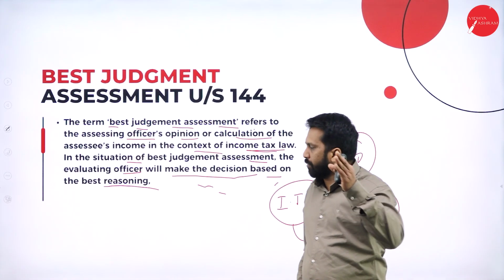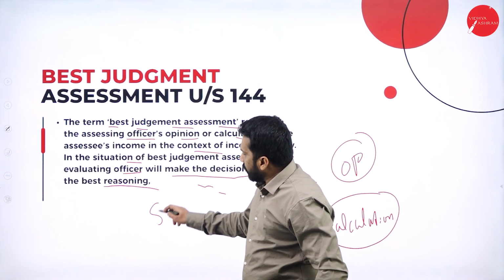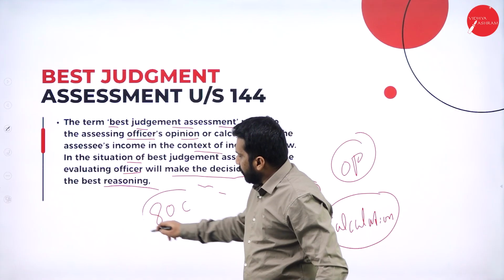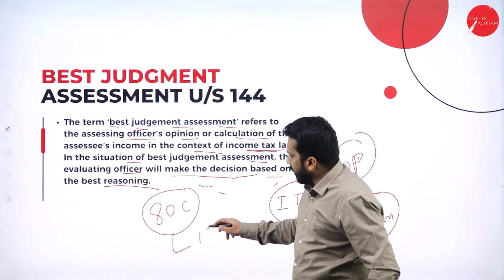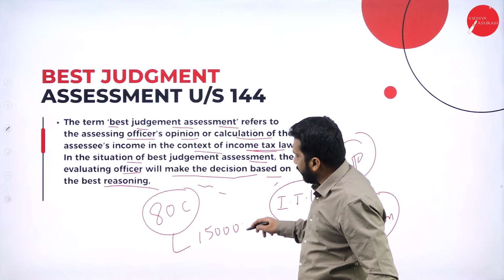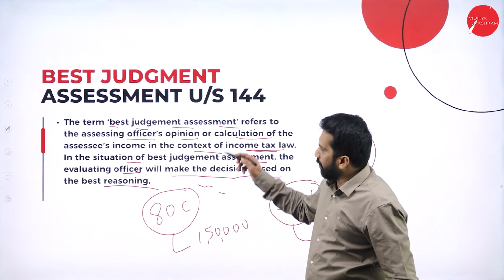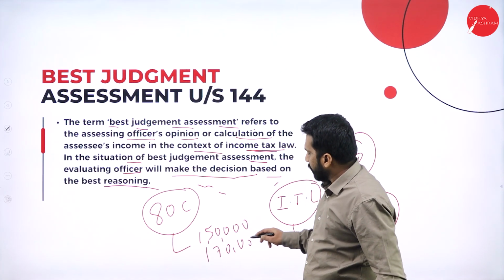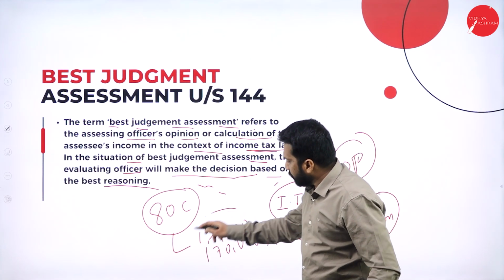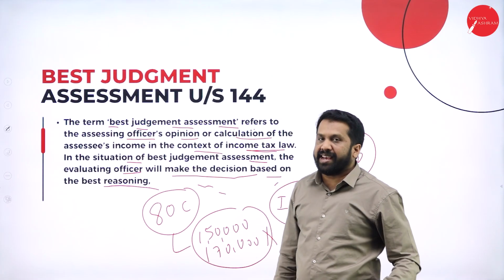For example, I'll give you. Now, what does 80C say, what is the maximum deduction you can claim? Yes, you can claim up to 1,50,000. Assume that while doing deduction, you have taken 1,70,000. This will be wrong. This will be checked by this expert.